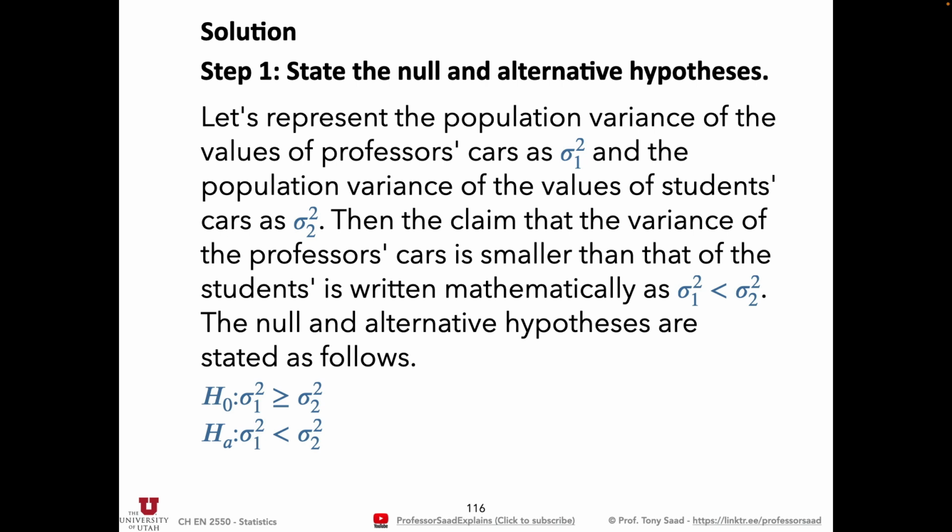Okay? So on Tuesday, I told you we've been restricted to an equality statement for null hypotheses. That's okay, but in general, you can relax that assumption because really the null hypothesis is everything that's not the alternative hypothesis. I always like to start with the alternative hypothesis. In this case, the professors' variance is less than the students'.